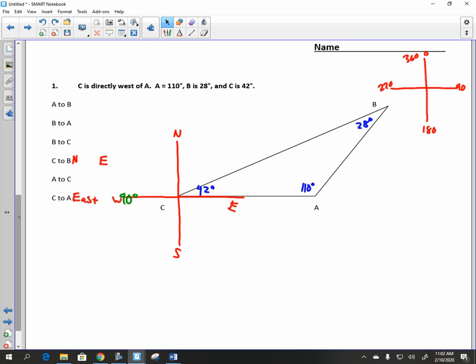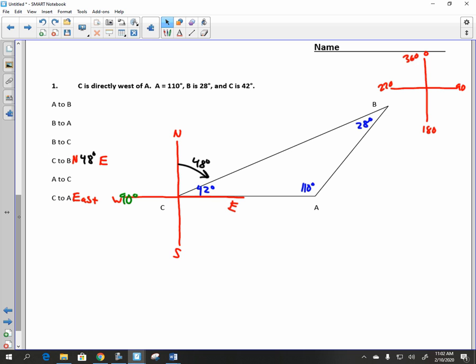I leave a little space in between because we want to be more exact than just northeast. And how we do this is we say, how many degrees do you turn from north to east? 48 degrees. So I call this north 48 degrees east. That would be the directional bearing. Everybody okay with that?